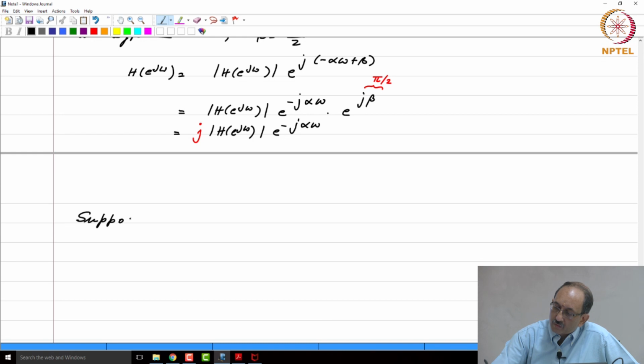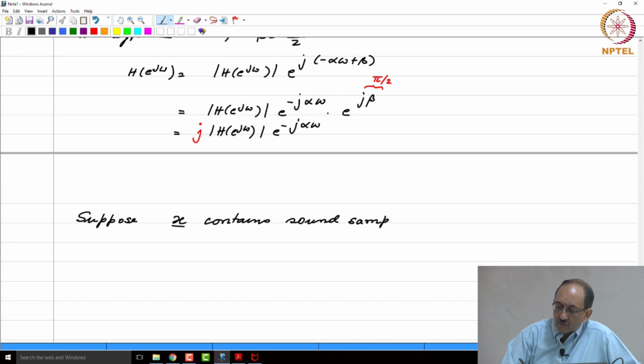So, suppose x contains sound samples, you have a sentence or a piece of music or whatever, and then you can play this in MATLAB, right. We have seen this command sound sc which scales the vector, and then if you give it the correct sampling frequency, the audio port will play this waveform.